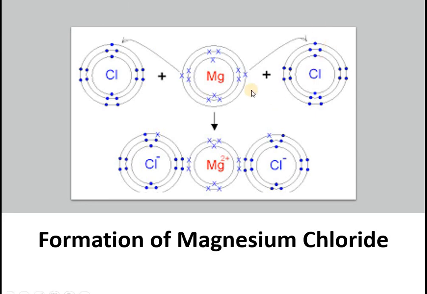Chlorine as usual accepts 1 electron, so the two chlorines accept 1 plus 1, that is 2 electrons. These are called anions, and each has a valency of -1. So the ratio of magnesium to chloride ions is 1:2, and the formula of magnesium chloride is MgCl2.